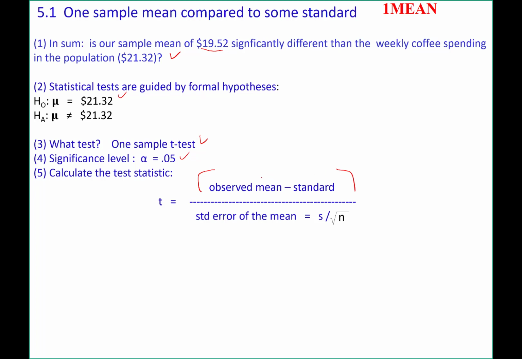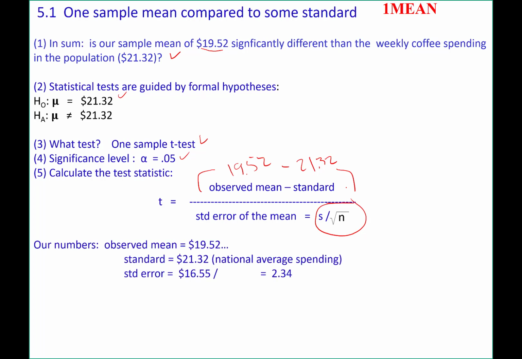Here's your comparison: the observed mean, $19.52, minus some standard, which is the population figure, $21.32, divided by the standard error of the mean, and you guys have seen that figure before. It's kind of the estimate of the population standard deviation. In our case, we have the observed mean I just showed you, $21.32 is the standard, and the standard error is 16.55 divided by the square root of 50, which gives us 2.34.